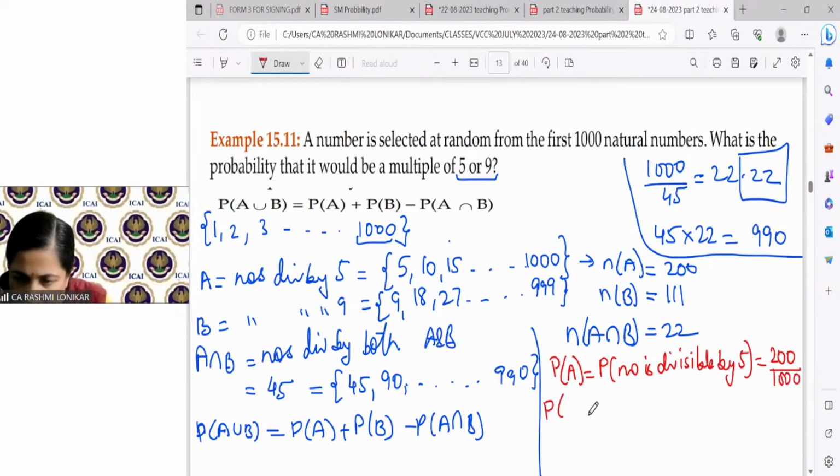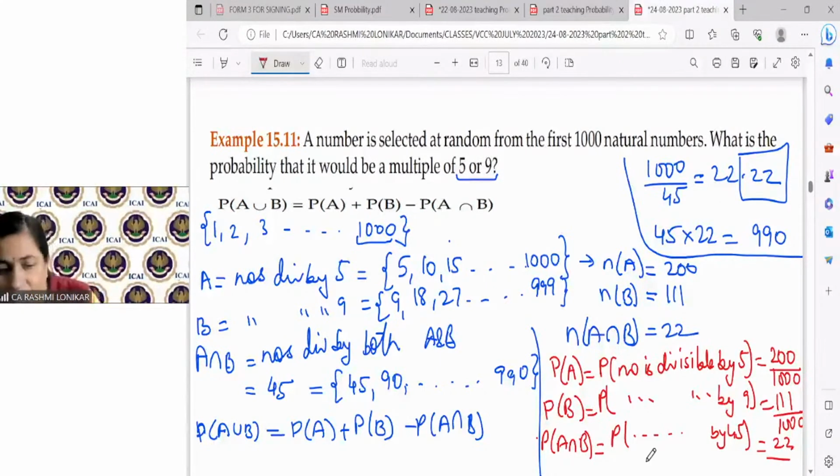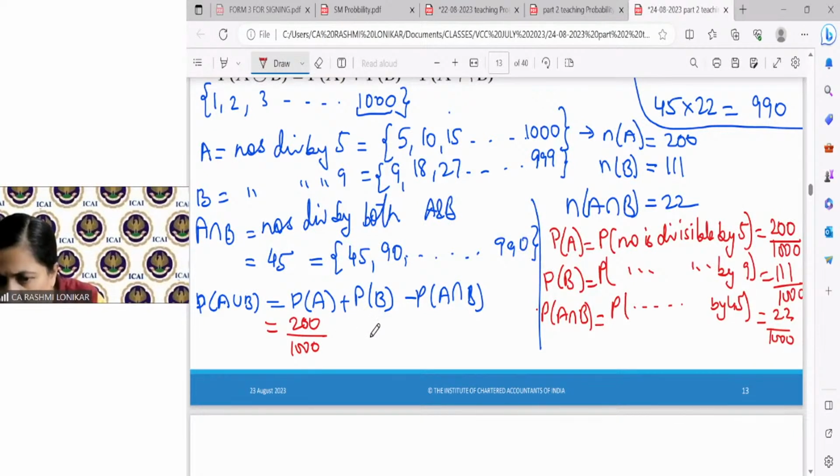P of B, the probability that the number is divisible by 9, will be 111 upon 1000. Then P of A intersection B, the probability that the number is divisible by 45, will be 22 upon 1000. Now I can substitute: 200 upon 1000 plus 111 upon 1000 minus 22 upon 1000.